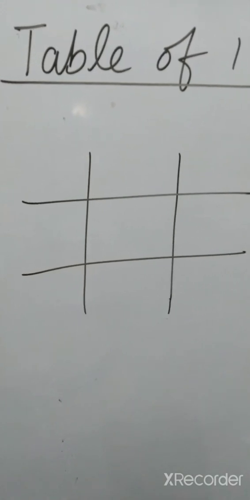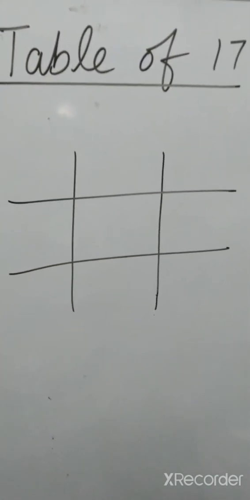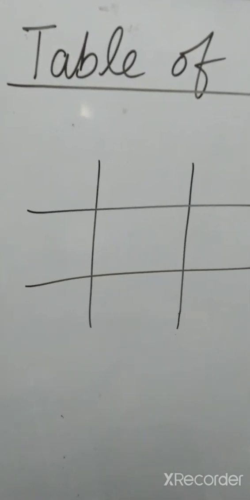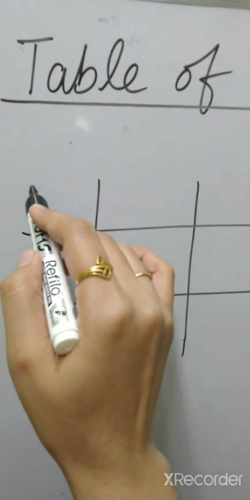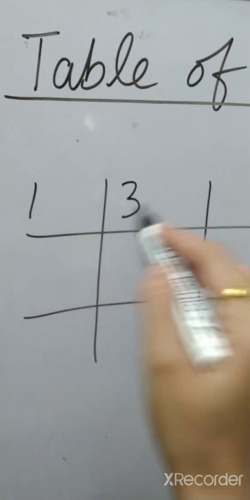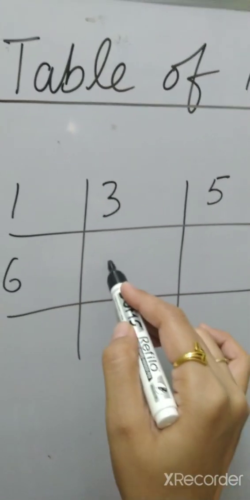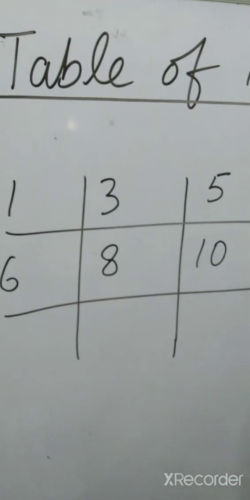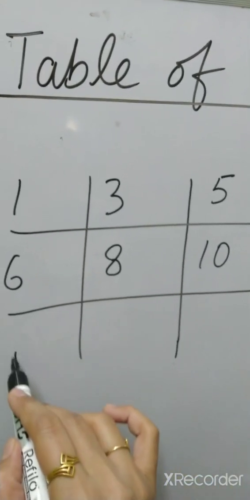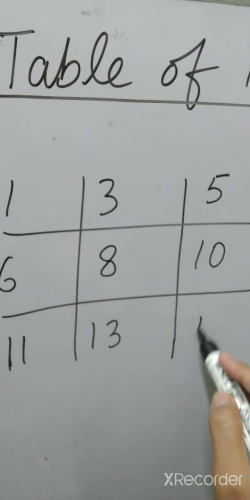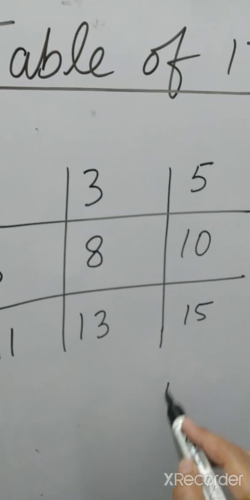There is one more way of writing the table of 17 like we did for 13. Here you have to write counting again, but first we will write the odd numbers, right? Starting from 1, 3, 5. After 5 you have to start with the even number. 5, 6, 8, 10. Again odd. After 10 we get 11, 13, 15 and then 17.